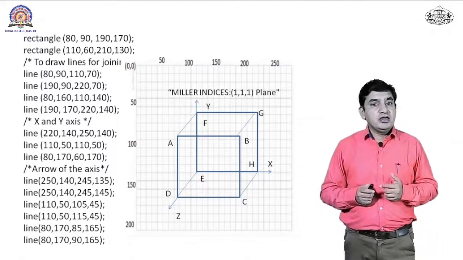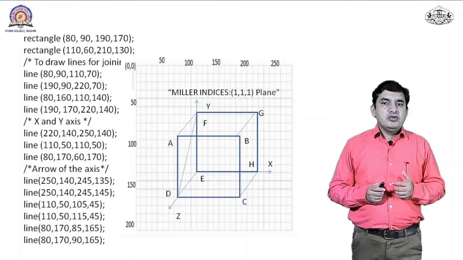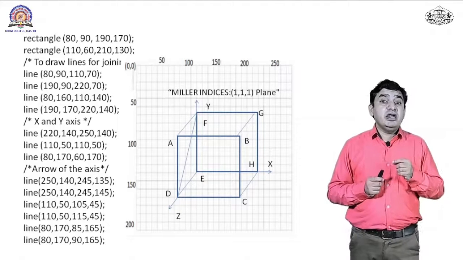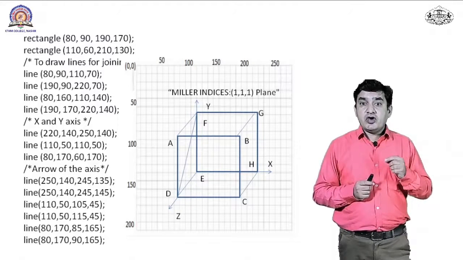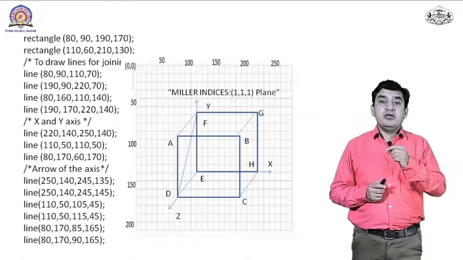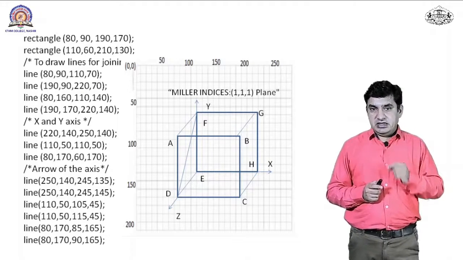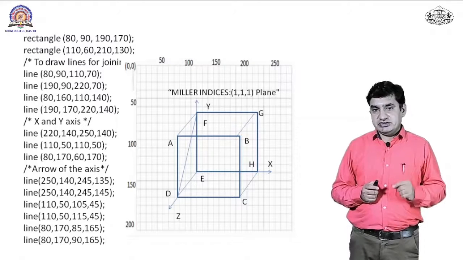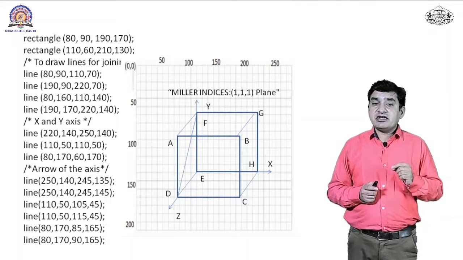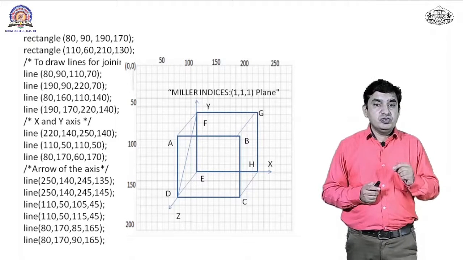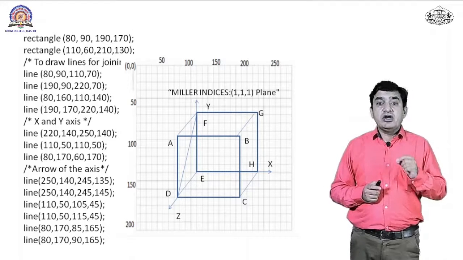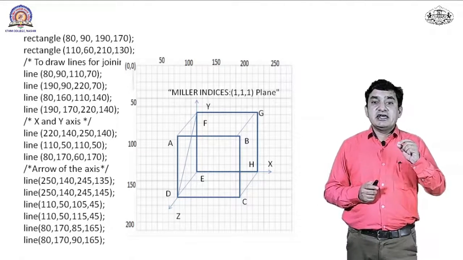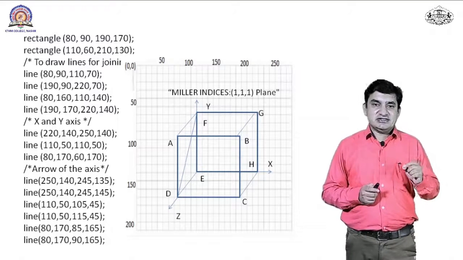Okay. Now, we have to draw the Miller indices of the 111 plane. For that, we require three lines. First line is used to join the corner along the y axis and z axis.